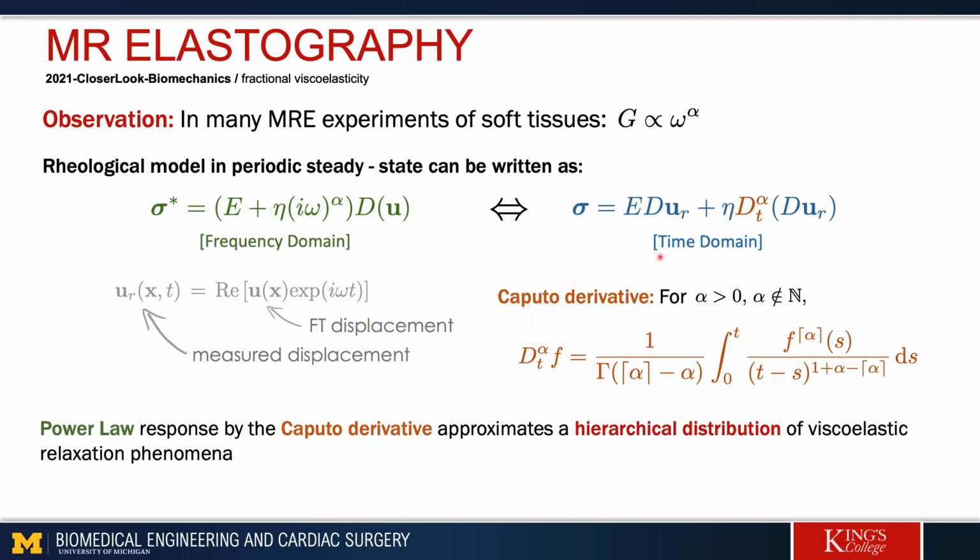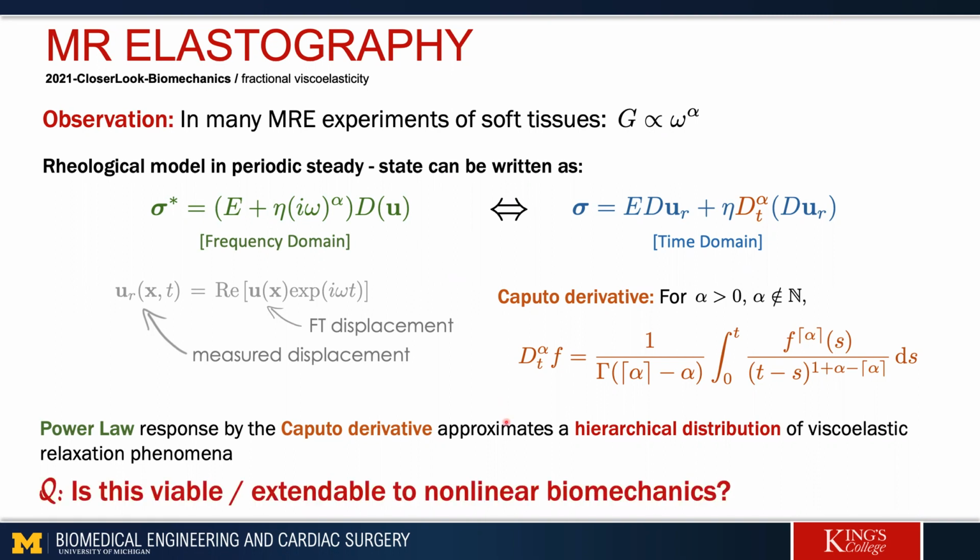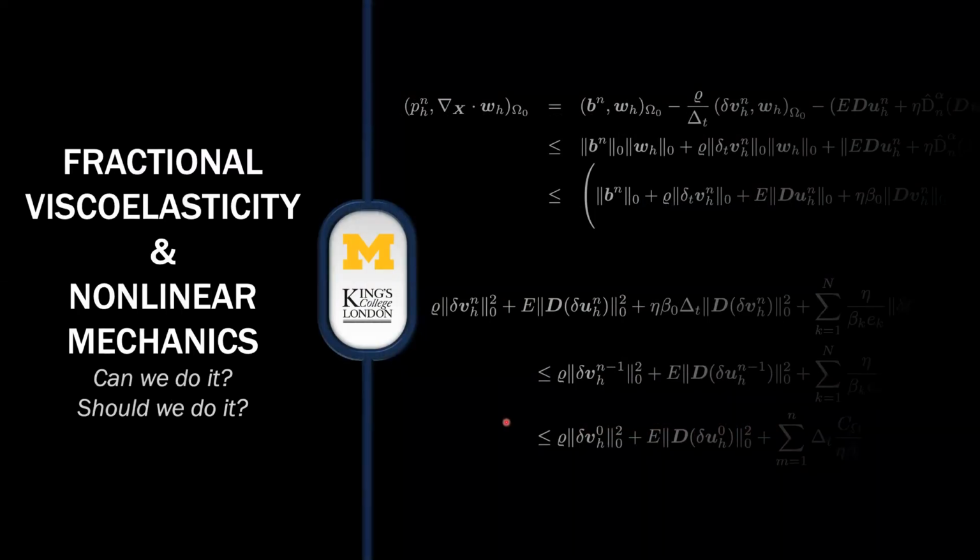So this was a really popular model in that elastography community. And we were thinking, okay, is this really viable and extendable to nonlinear biomechanics? Can we bring this idea into that frame? This got us started thinking about whether we can do this and should we do this.